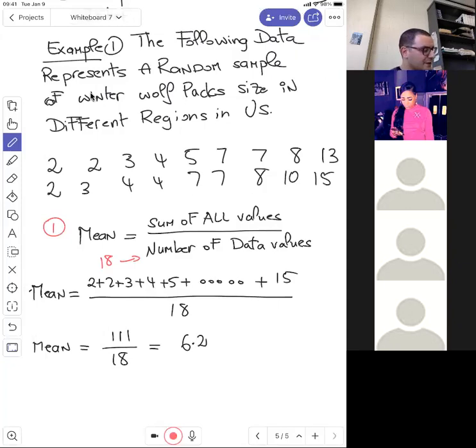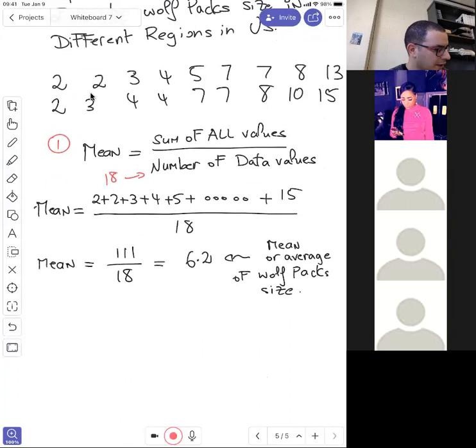What we are saying here is that the mean, the average of the wolf pack size here, is 6.2. Okay. Now we're going to compute the trimmed mean.